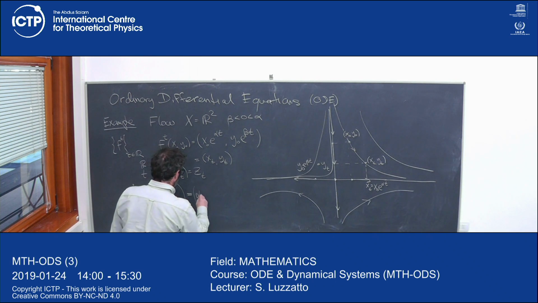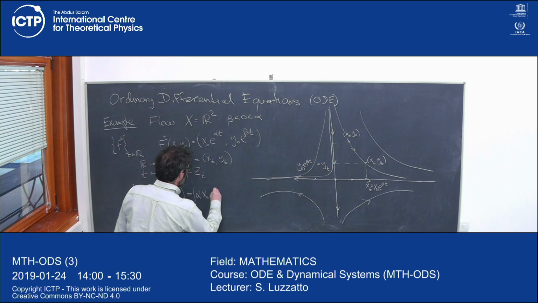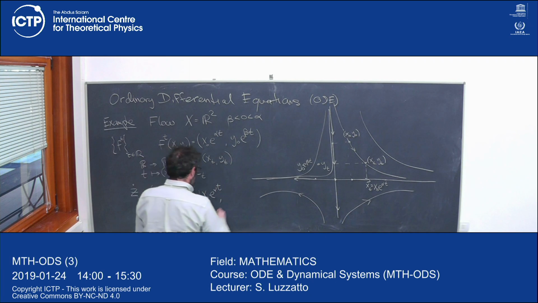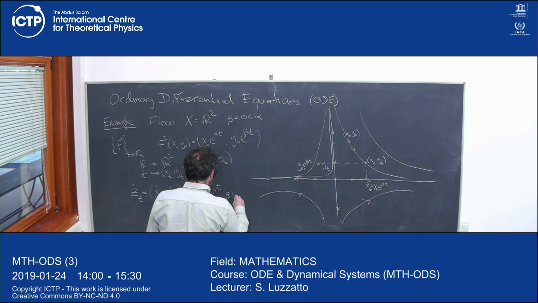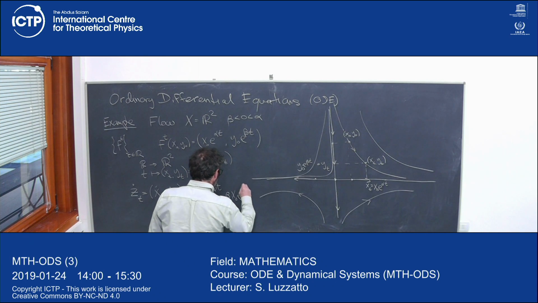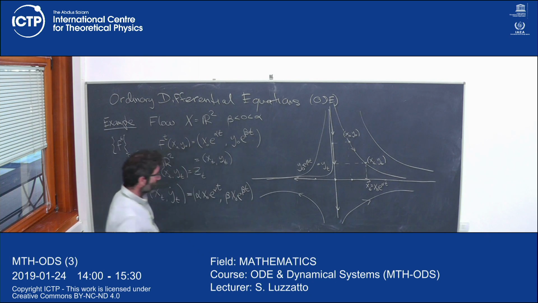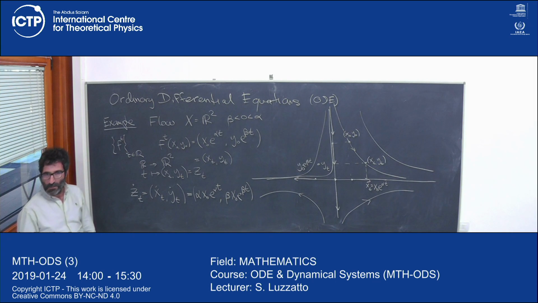So alpha x0 e to the alpha t and beta y0 e to the beta t. This is the derivative. Y0, thank you.